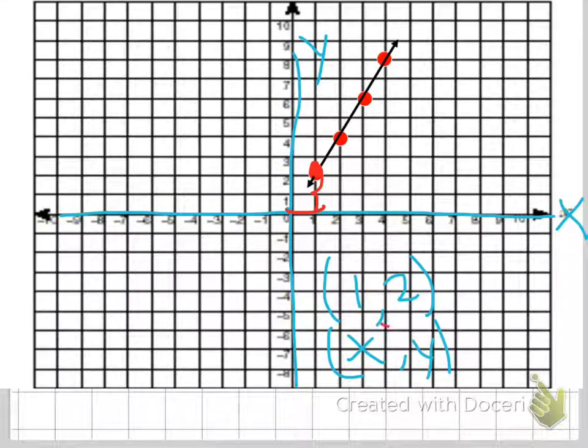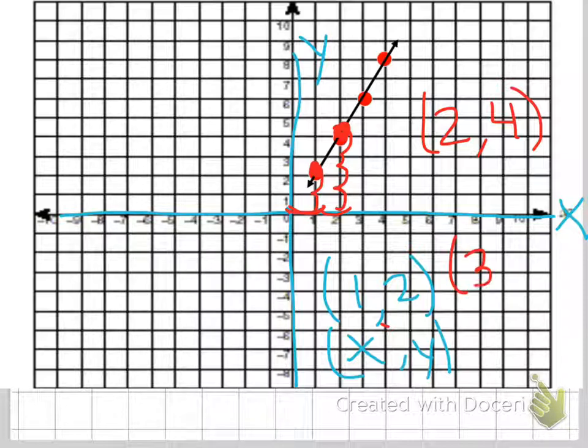For our next point, we had 2, 4. Your ordered pair 2, 4. So you go with your x value 2, and then up 1, 2, 3, 4 right here. Sorry, it's kind of hard to do it on here, but so 2, 4, and then your next one would be 3, 6.